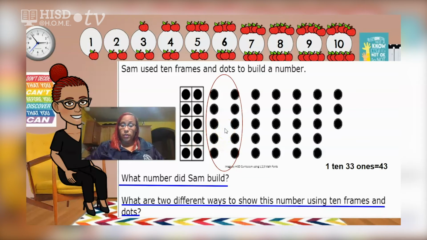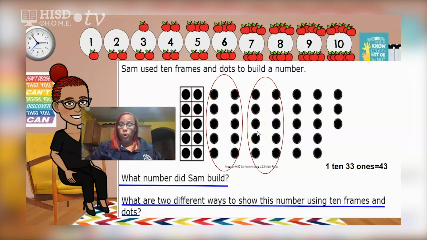Do you see another set of 10? Let's count. 1, 2, 3, 4, 5, 6, 7, 8, 9, 10. There is another set of 10. Let's put a circle around it to represent we could use another 10 frame to represent another 10. So here we have 10, 20, 30.